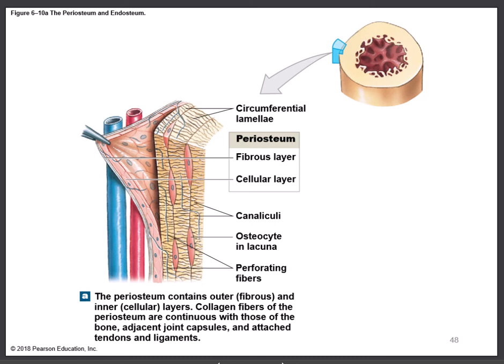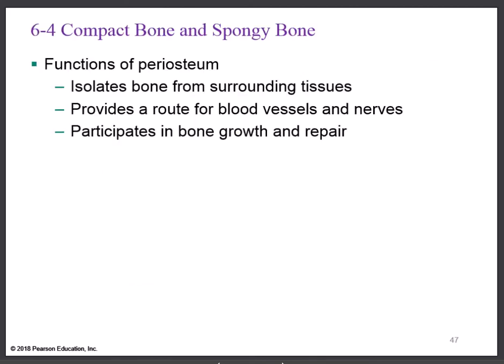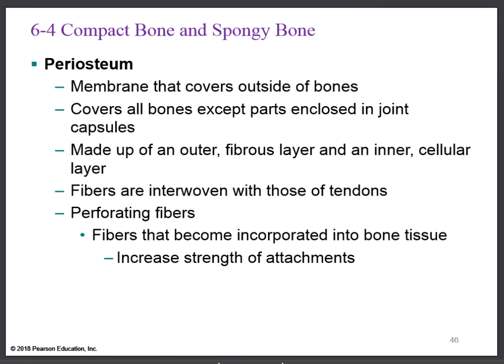If you ever put on a sock that's been kind of stretched out, it would fall down your ankle. Well, that doesn't happen here because these perforating fibers go in, and we follow this one here, anchor into the bone. Here's another one up over here that came from this guy over here. So here's one that's actually not separated. That perforating fiber right there holds the periosteum onto the bone.